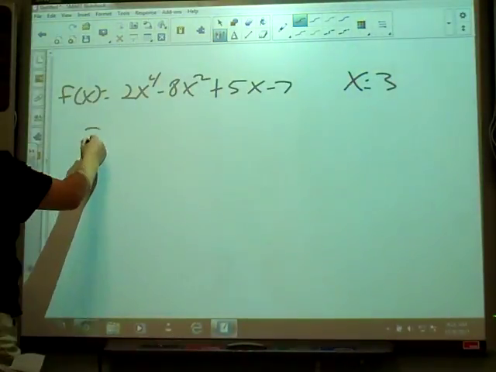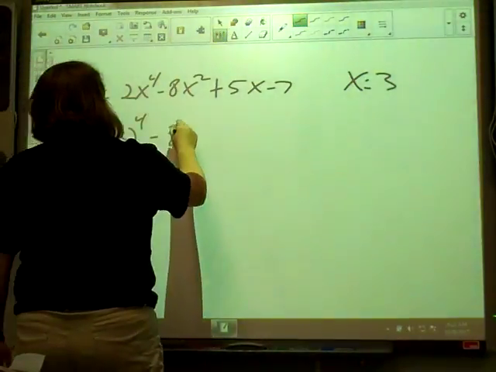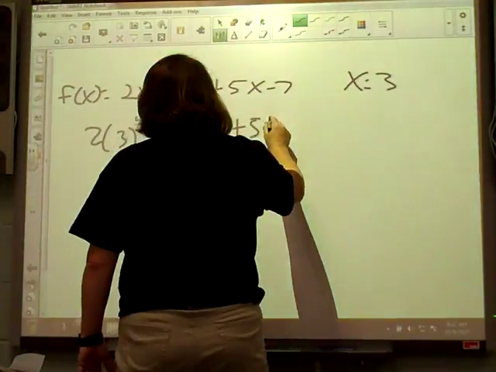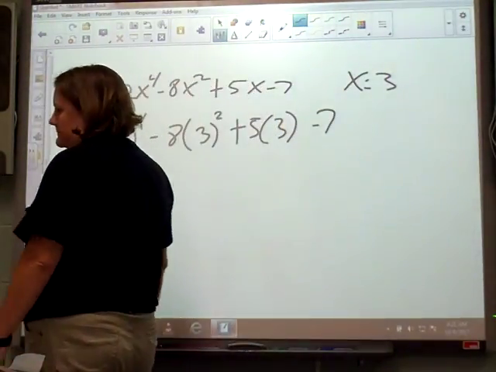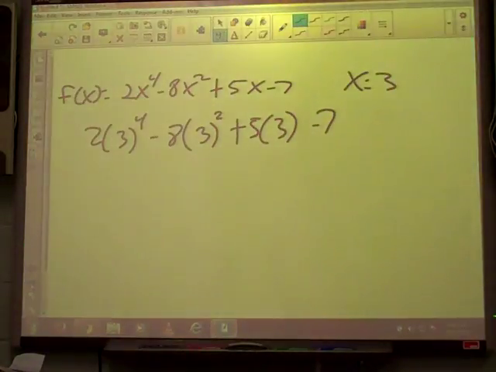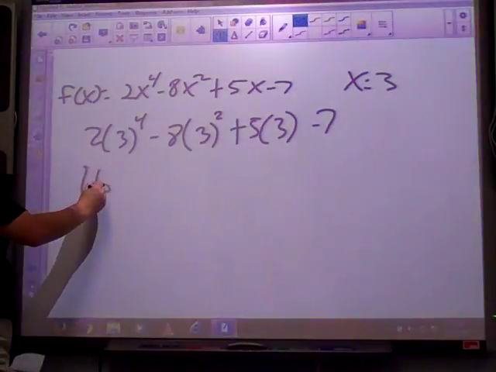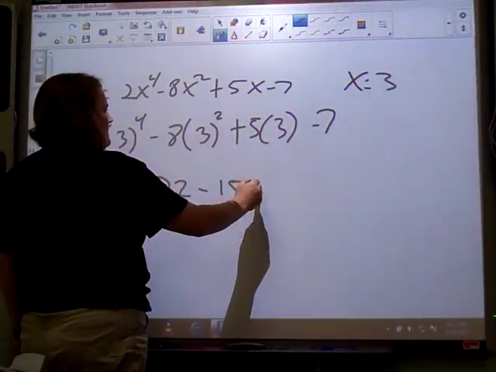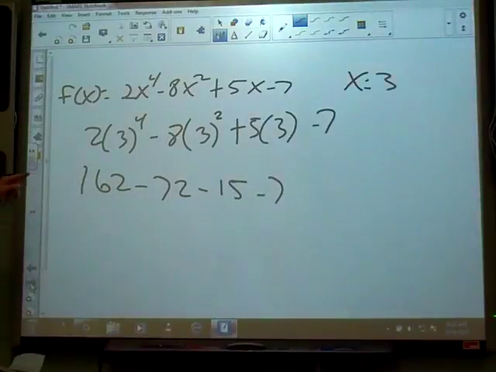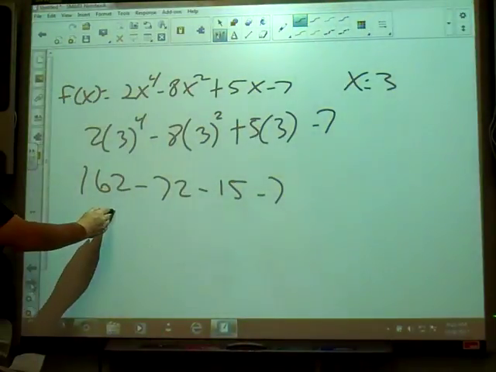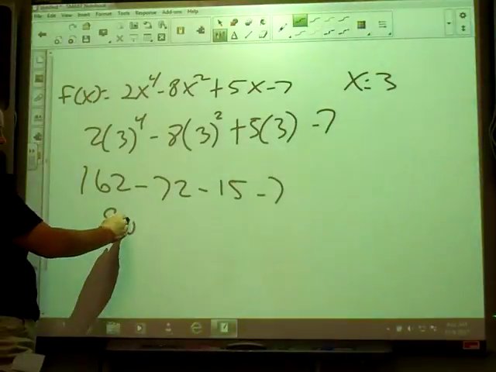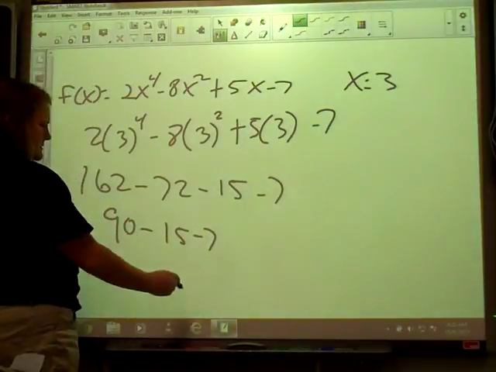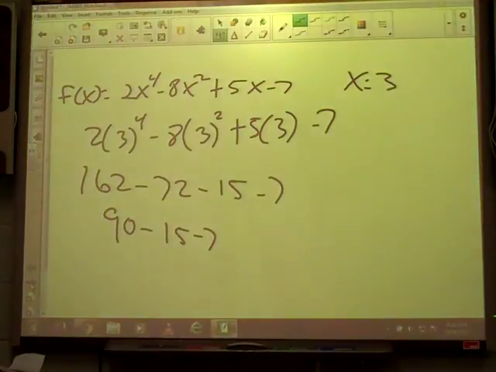So I'm going to have 2 times 3 to the 4th minus 8 times 3 squared plus 5 times 3 minus 7. Okay. 3 times 3 is 9 times 3 is 27 times 3 is 81. 81 times 2 is 162. 3 squared is 9 times 8 is 72. 5 times 3 is 15 minus 7. 75 minus 7, 98.